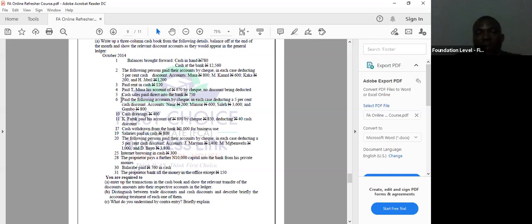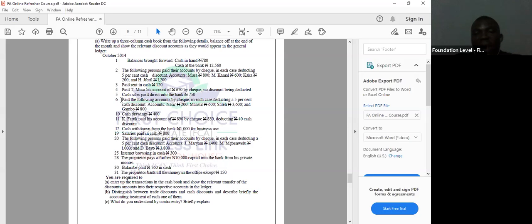Now, if you look at October 6, paid the following accounts by check, in each case deducting a 5% cash discount. Accounts now 200, 600, 360, and Gambo 800. Paid the following accounts by check. Now, this means that we pay these accounts, so we are giving out.